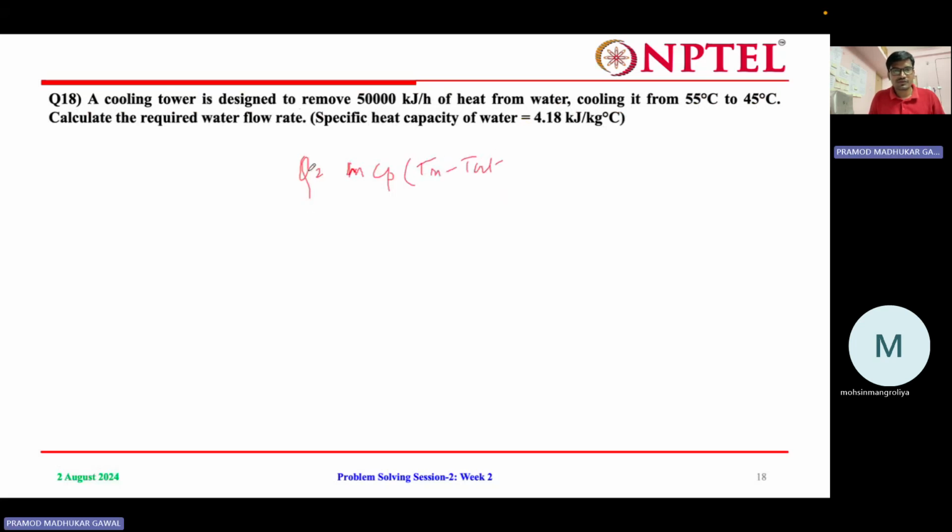Q, Cp, T in and T out are given. You just have to calculate M. The mass flow rate, meaning the water flow rate, is 1196.65 kg per hour.